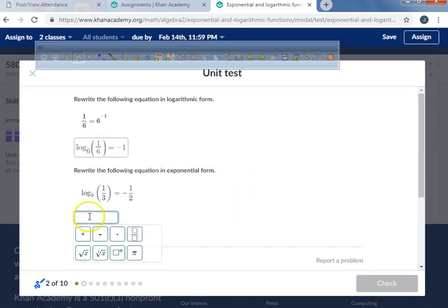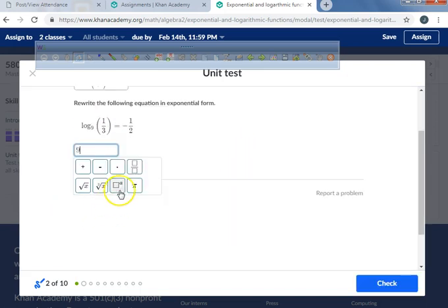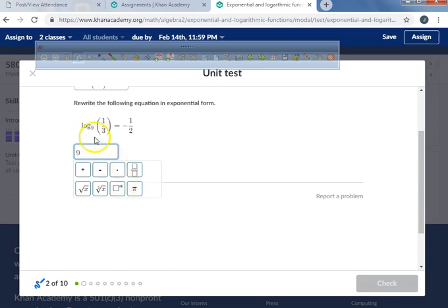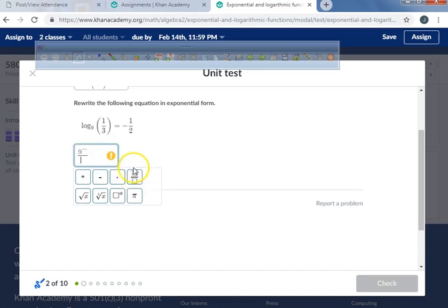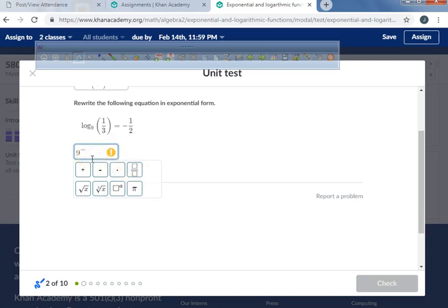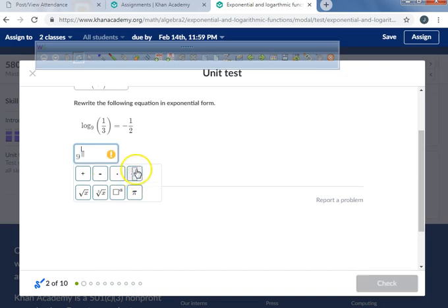And this one's the easy one. 9 to the power of negative, oh, I messed up there. Let's try this again. 9 to the power of negative 1 over 2 equals 1 divided by 3.